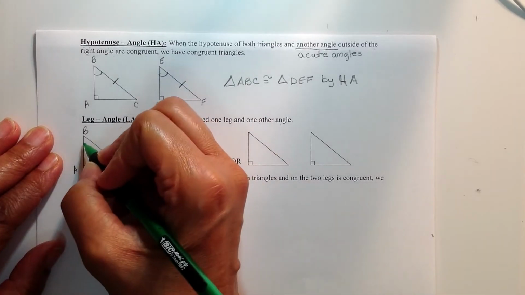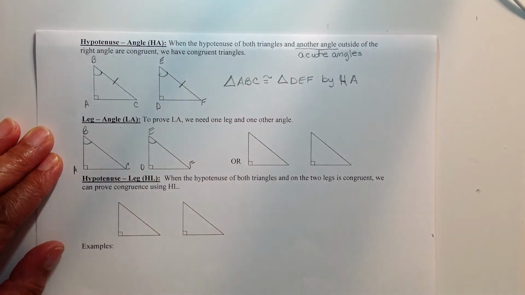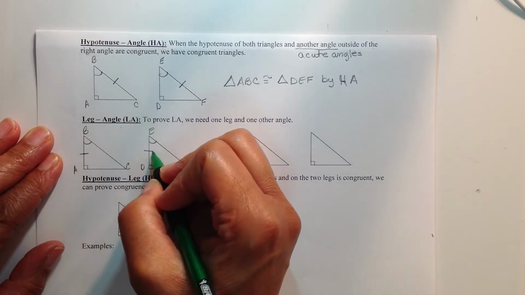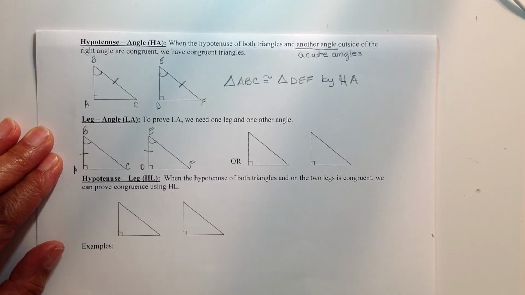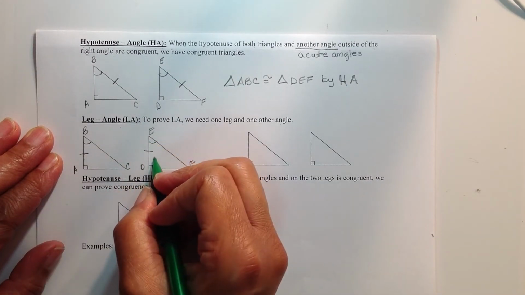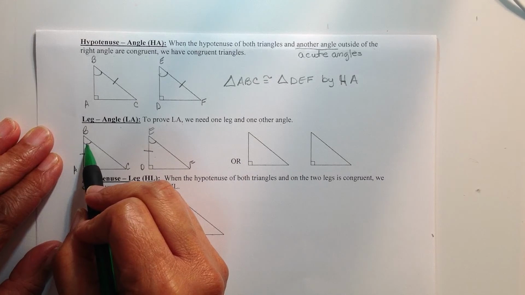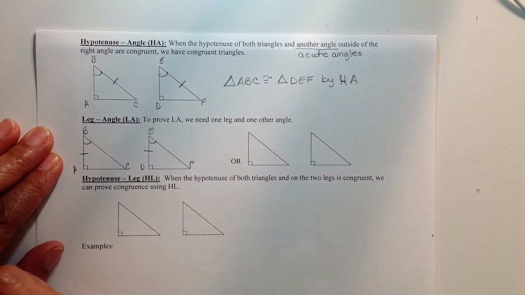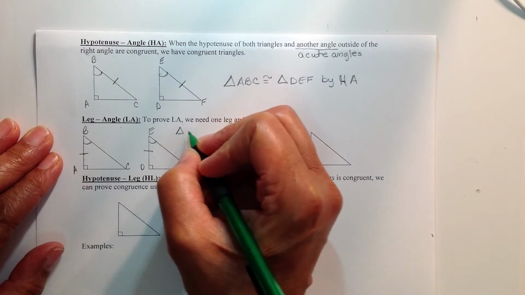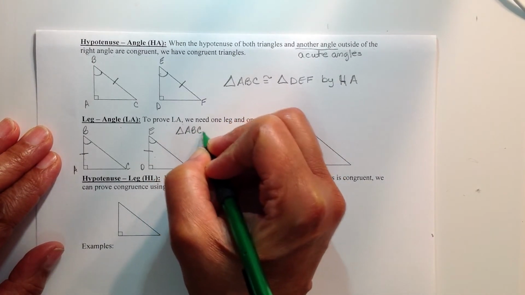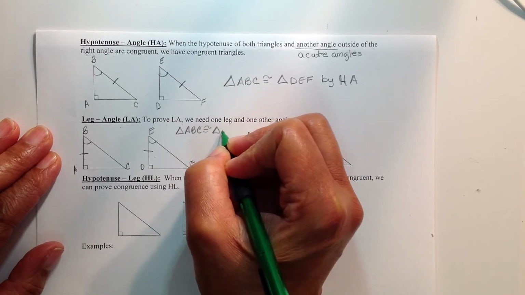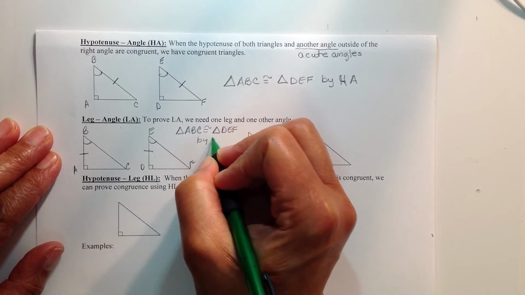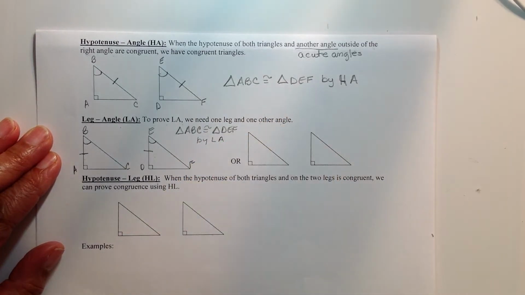In this case, let's say angles B and E are congruent, and sides AB and DE are congruent. So we've got a leg congruent between the two right triangles and a pair of angles congruent. So we can say triangle ABC is congruent to triangle DEF, why? By leg-angle.